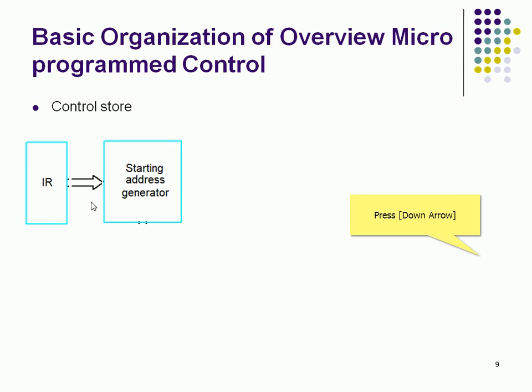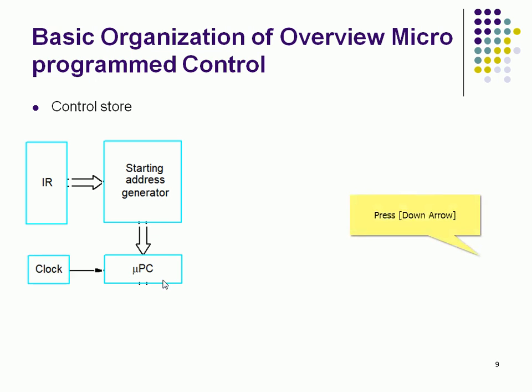So the starting address in the control store is going to be generated. Then we have the micro PC. The micro PC will point to the current micro instruction in the control store, right? The normal PC points to the current instruction in memory, whereas the micro PC points to the current micro instruction in a micro routine.